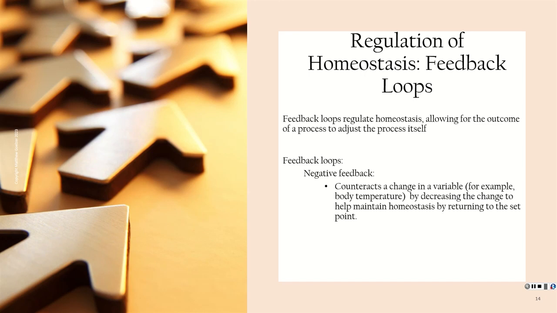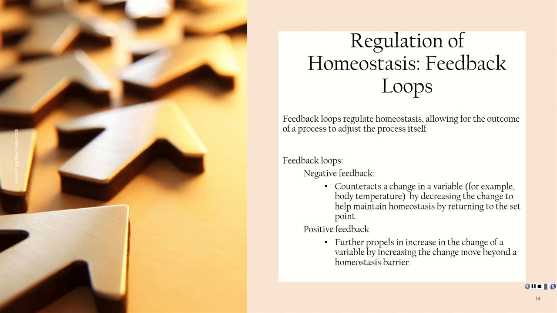So that's a negative feedback. There's also a positive feedback, where you're trying to propel something, to make something more, to go beyond the homeostasis barrier, right, for some reason. A lot of this positive feedback, in examples from the textbook, is related to human reproduction, especially when it comes to male anatomy, right?